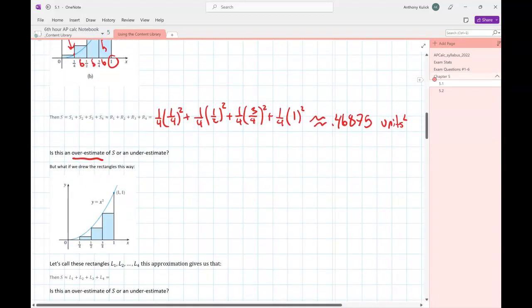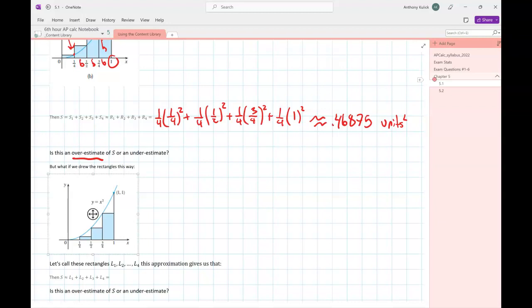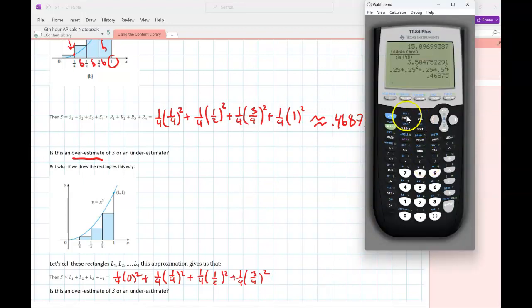What if we drew it where the left hand was the height? So notice that here the first rectangle has height 0. Okay, so if we did this, it's the same thing as this, except I don't have that last piece, right?